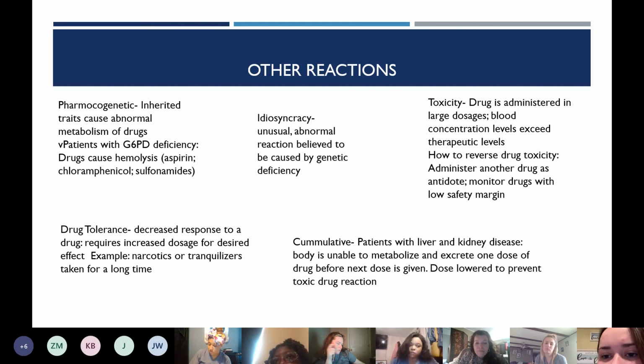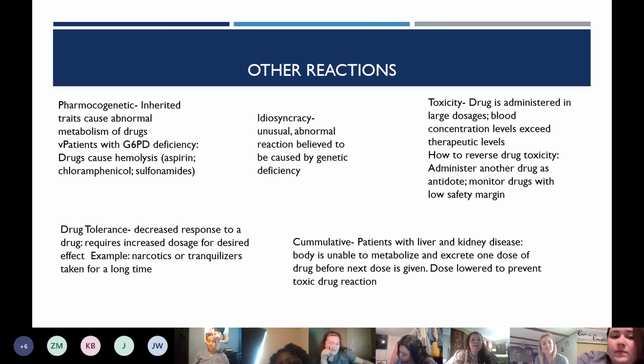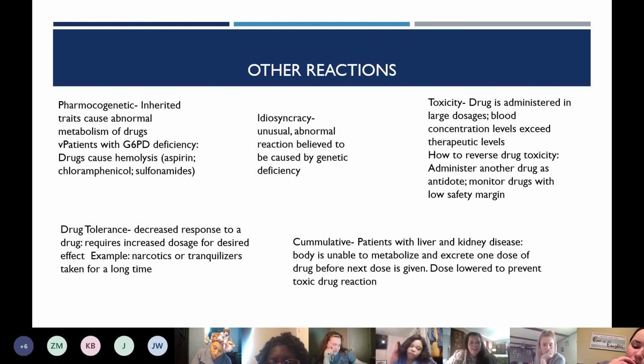If someone takes Benadryl and they are doing backflips and they have heart palpitations and they're like, whoa, that is an idiosyncratic reaction. Doesn't mean that they're allergic to it. It could still have the effect of the drug, but it has an abnormal response. It's not the typical. So think idiosyncratic is kind of atypical. It's not the expected. All right.